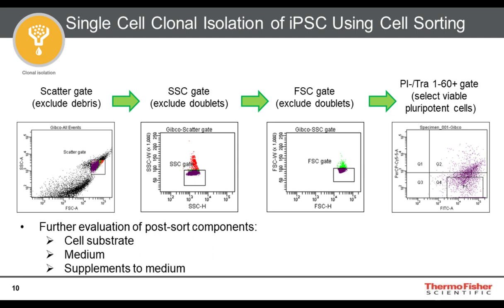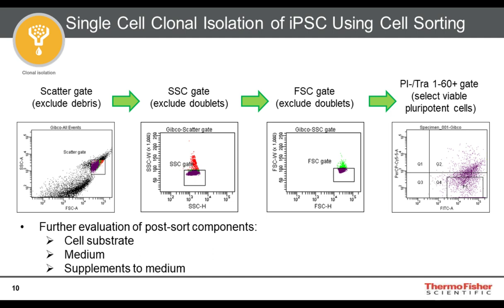So we spent quite a bit of time trying to optimize single-cell sorting on pluripotent stem cells to get to reliable single-cell isolation. Because in the field of 293 cells or cancer cell lines, using FACS for single-cell isolation is very common. So we really try to achieve the same with pluripotent stem cells.